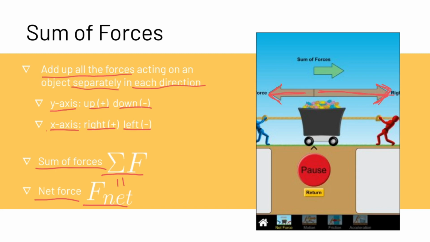When you add them, you end up with a sum of forces which is less than the rightward force by itself, because you're subtracting some of this leftward force, but it's still greater to the right than it is to the left. So you still have a rightward sum of forces rather than a leftward force.